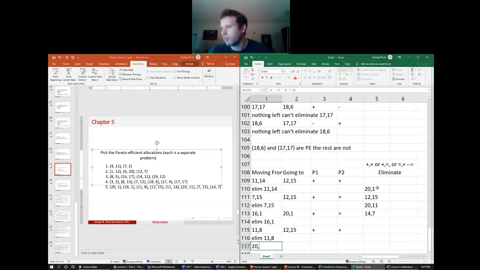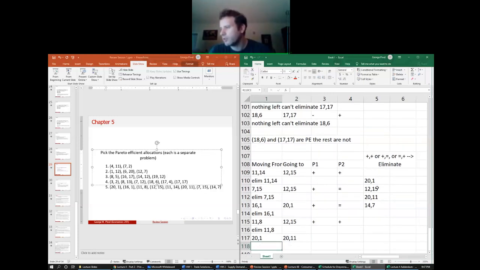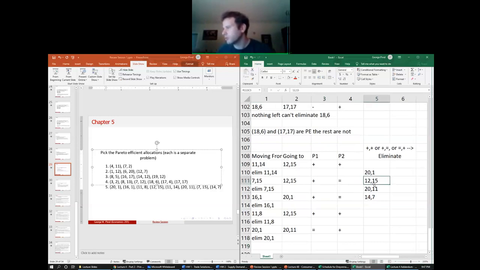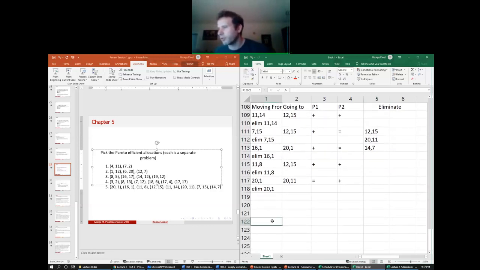So 21 to 20-11 will be equals, plus. So eliminate 21. So we're down to 3. 12-15 versus 20-11 will be plus, minus. 12-15 versus 14-7 will be plus, minus.